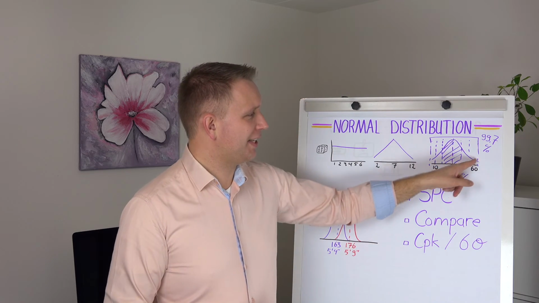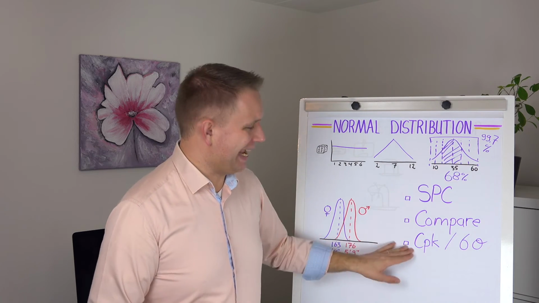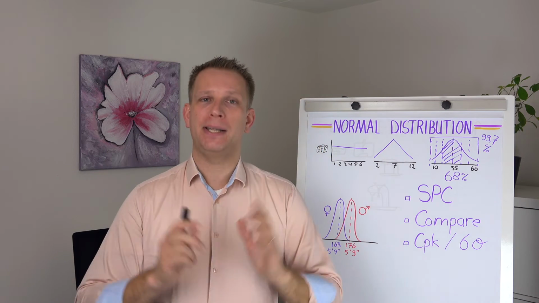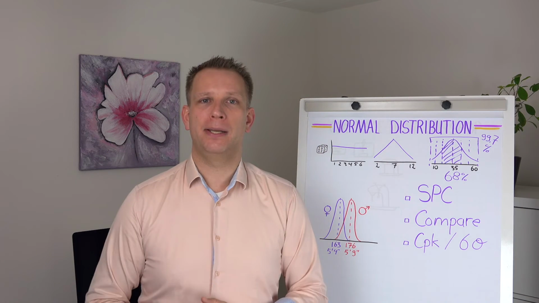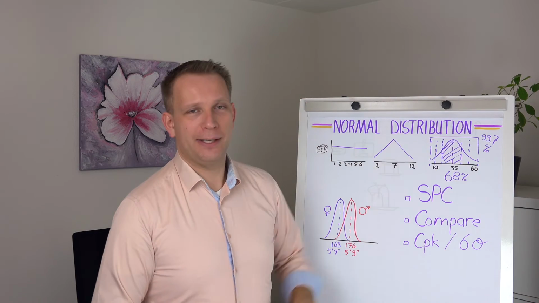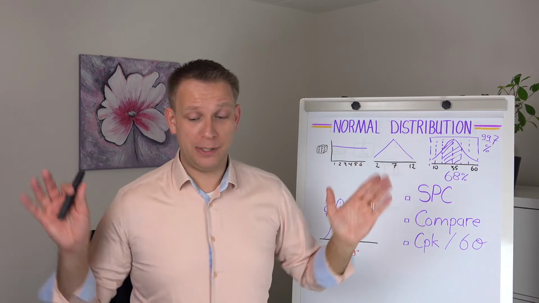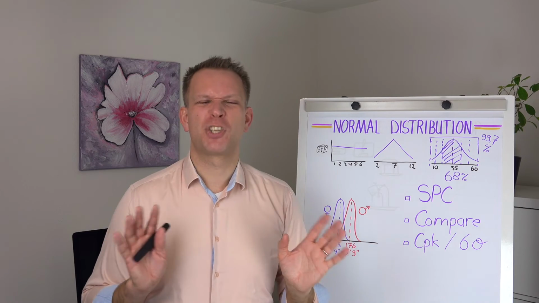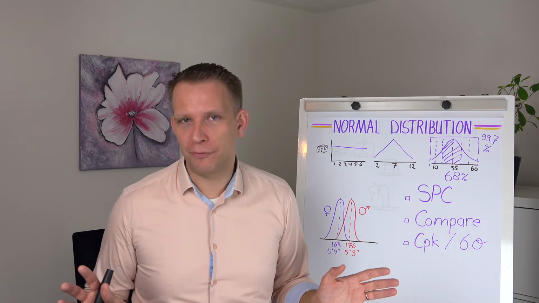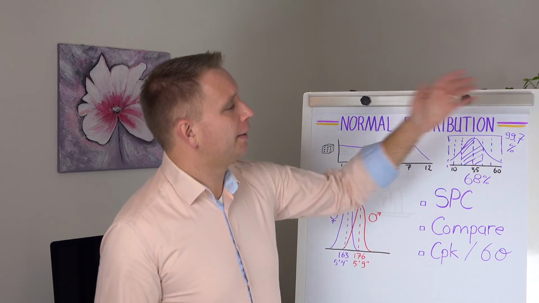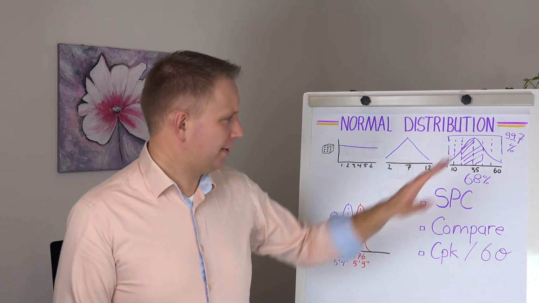If it is exactly 3, the Cpk will come up 1. It'll say your process is barely capable, 1 in capability. That means that 99.7% of your products will be within specification. So that's shorthand for 100%. Now, in statistics, you never get to 100%, but this is accepted as 100.